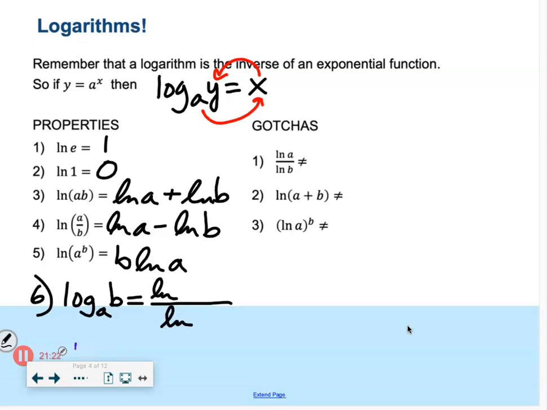Log base A of B equals ln of something over ln of something. Anyone know what it is? It's ln of B over ln of A. That's called your change of base formula, because back in the day, which wasn't that long ago, if you needed to do a log base 7, there was no such thing as log base 7 on any calculator.